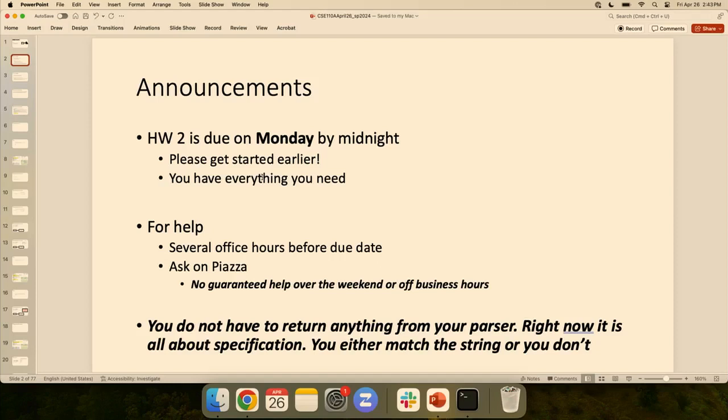Otherwise, if you do this on paper and pencil, you just have to write it out by hand and do the parse tree. So, ply is here to help us evaluate our grammars, both so that you can see if it's behaving how you think it should, but also for us to help give feedback on it as well. So, you don't have to return anything from your parser.